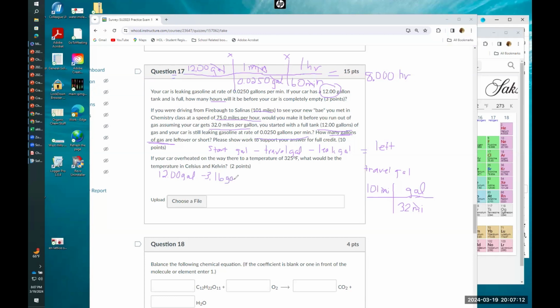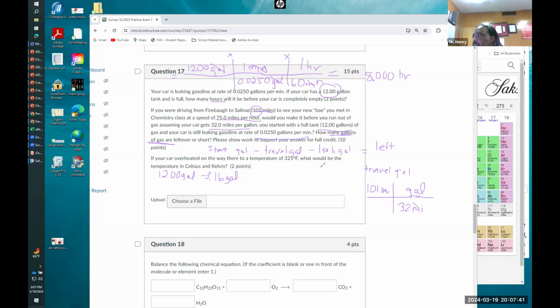Isn't it 3.156? Yeah, but how many sig figs do we have here, because we're starting with 101? So it's 3.156, but we're going to round because we only have three significant figures. So that would be travel gallons.